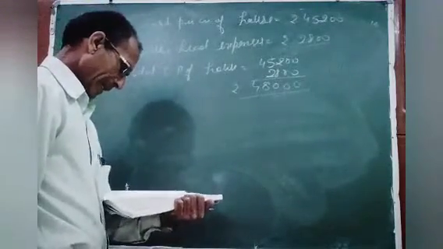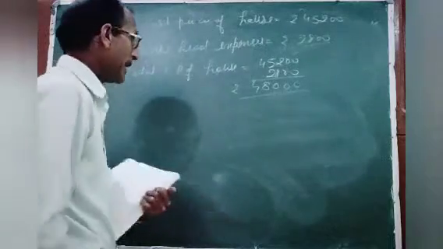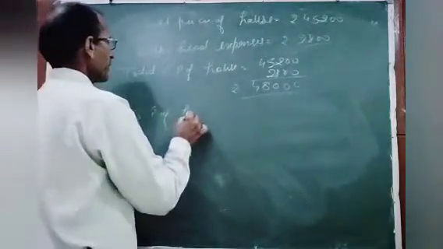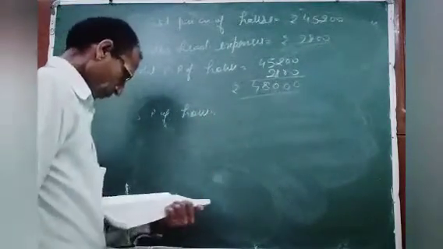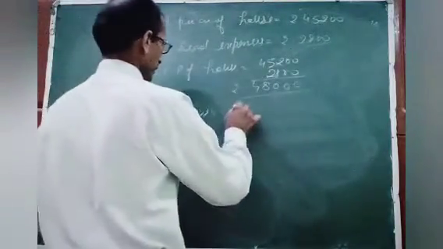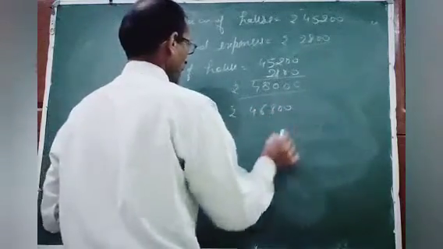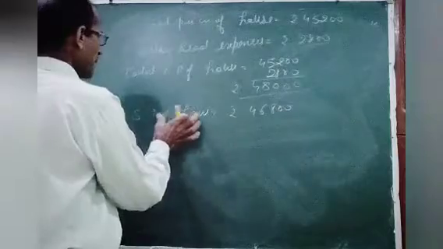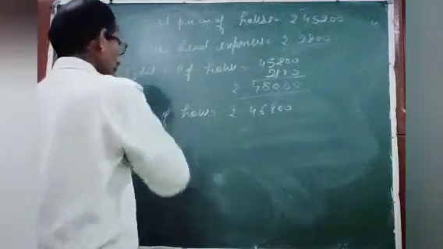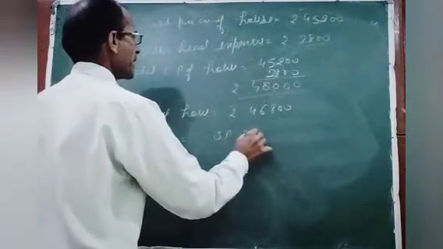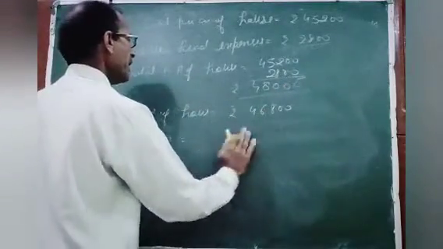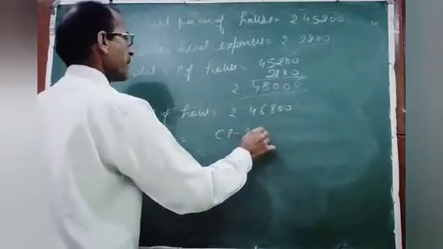After that, he sold it for 46,800. Selling price, it means SP of house, 46,800. Now SP is smaller than CP, so there is loss. Loss is CP minus SP, because there is loss.